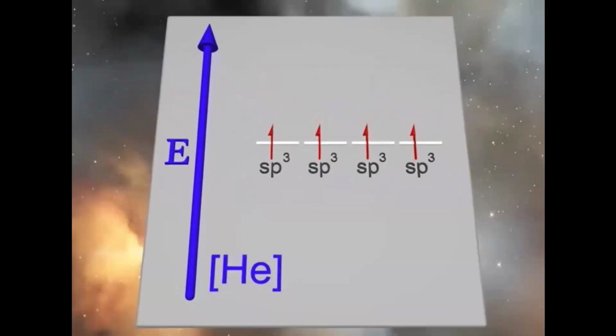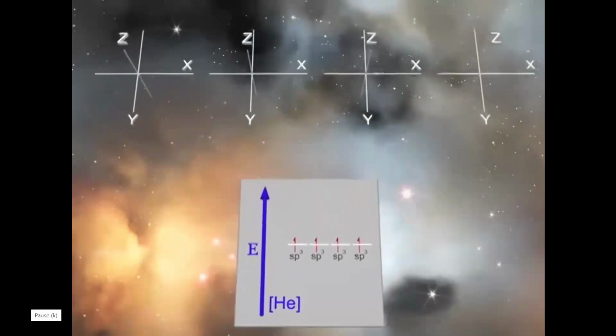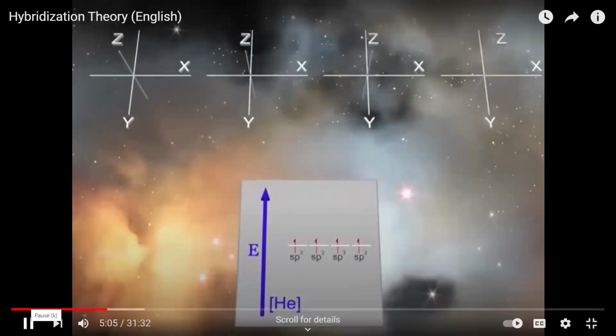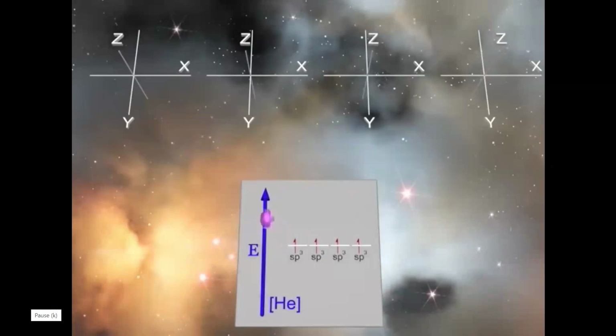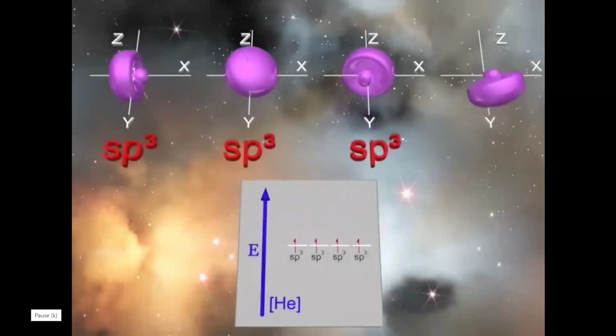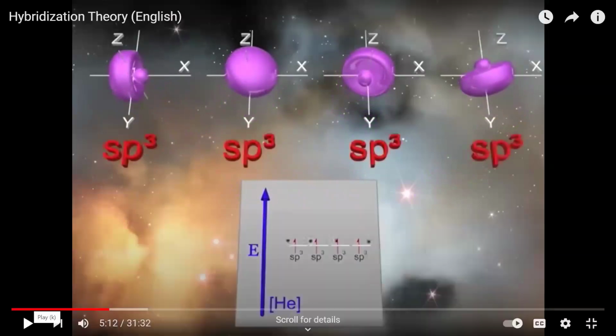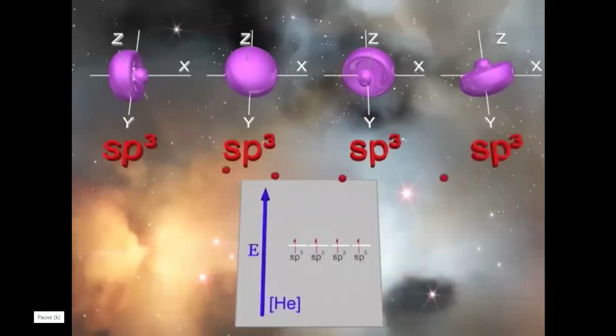The shape of the new sp3 hybrid orbital is best characterized as 1 part s and 3 parts p. As with all orbitals, think of these hybrid orbitals as 3-dimensional shapes. Again, they're not s's, they're not p's anymore. They're sp3 hybrids, or they look like a pacifier nookie, where you can find the electron 90% of the time. The hybridized carbon now possesses 4 unpaired valence electrons and is said to be an sp3 hybridized carbon.